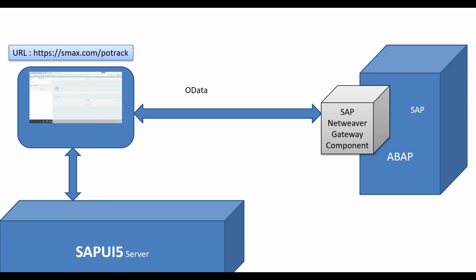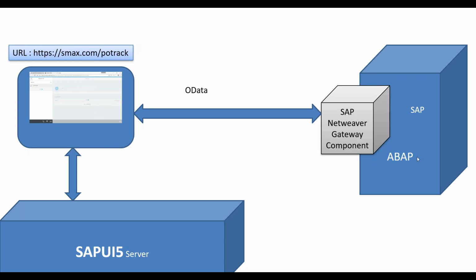Let's take one example. Say the app is for a leave request. We enter a few details, give the employee number, and then press the get detail button. So it goes to NetWeaver. Here we have written a program, the backend developer has written it.